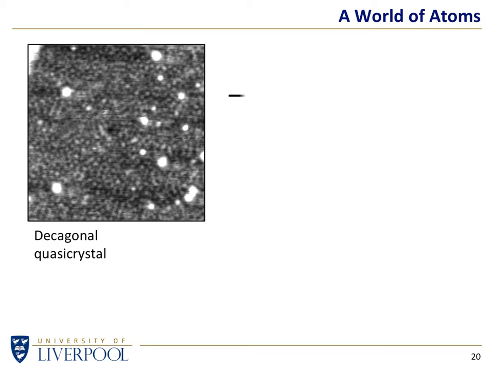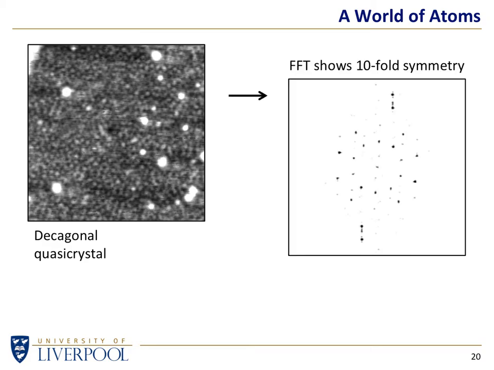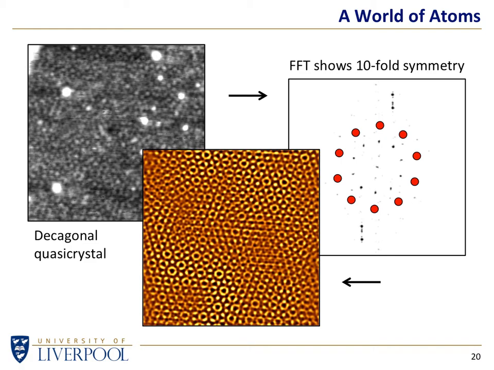But if we do some image processing, we can do what's called Fourier filtering. If you don't know Fourier analysis, don't worry. It's simply a technique whereby we can take the image, and by processing that image, end up with an image of the same size and the same resolution, which hopefully shows us where these atoms are in much more detail than we can see in the original image.